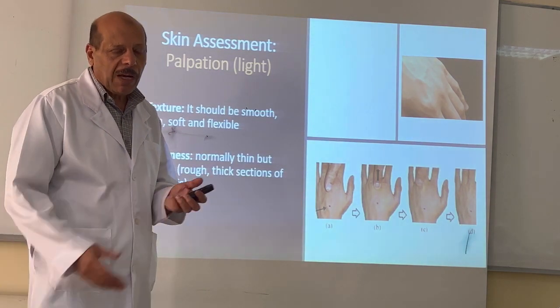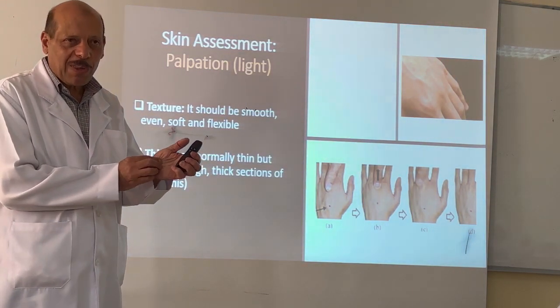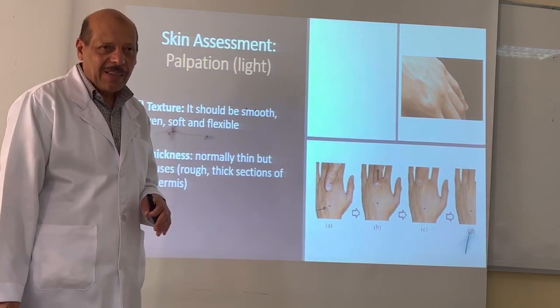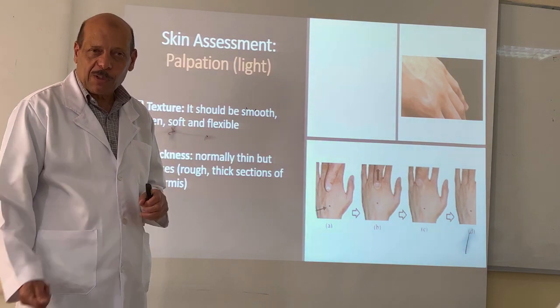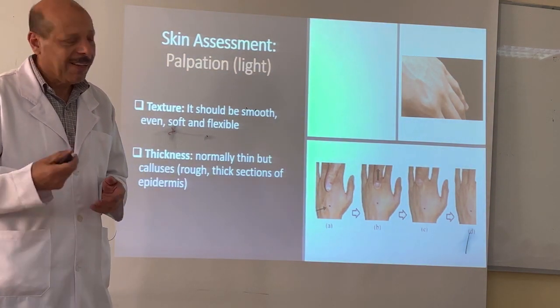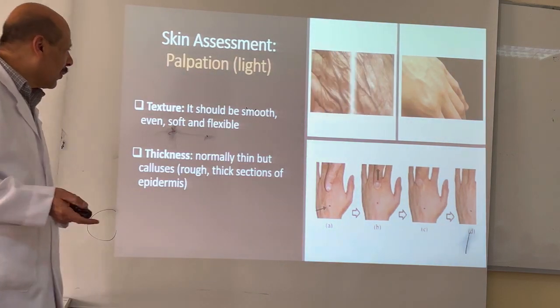In the palm of the hand, the skin is thicker than in the dorsum of the hand. In the sole of the foot also, it is thicker because we are using it for walking. So it depends upon that.